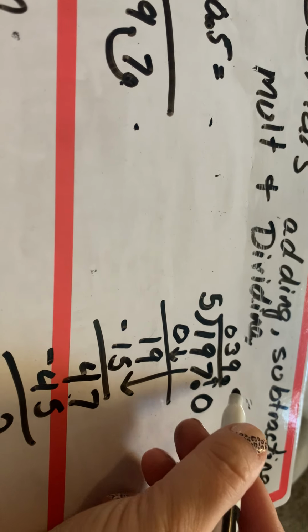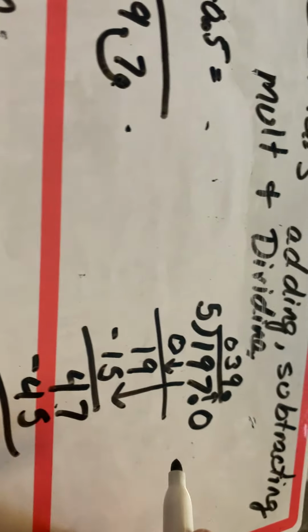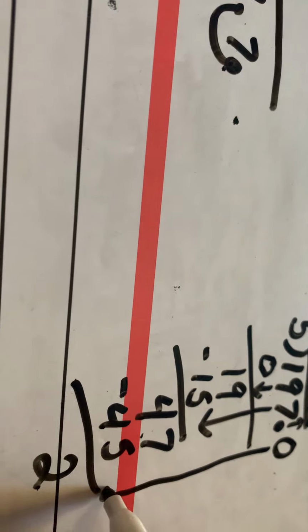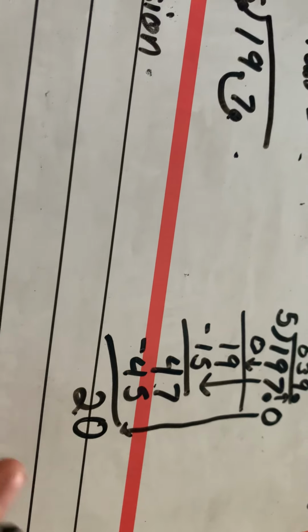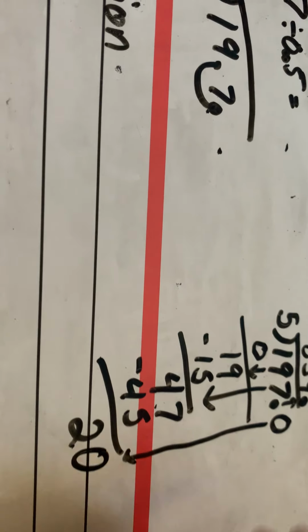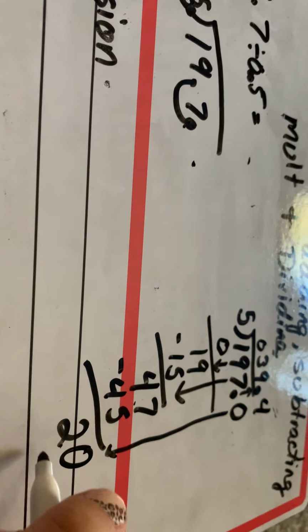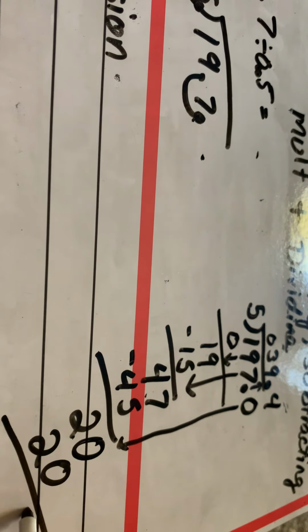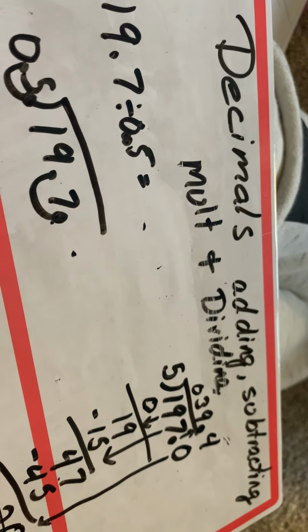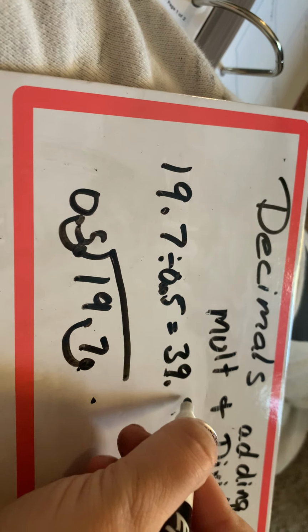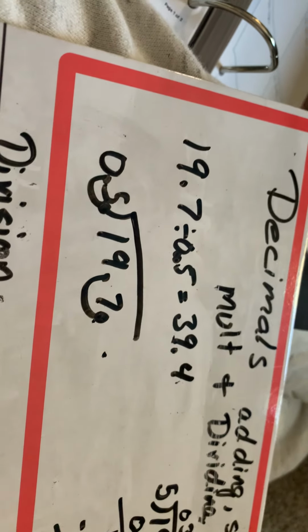Now I'm going to bring the 0 all the way down here to 20. 5 goes into 20 how many times? 4. 4 times 5 is 20. Leaves us with 0, right? So our answer to this problem is 39.4.